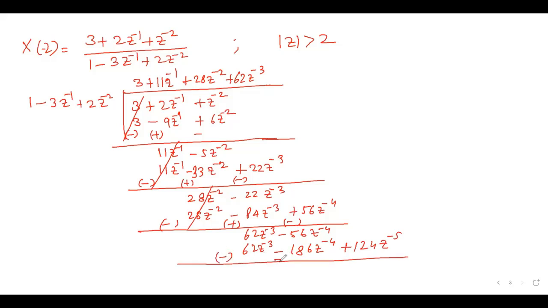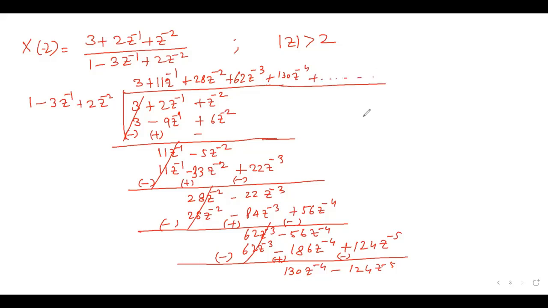Minus plus minus okay, কত হচ্ছে? 186 minus 56, 130 z to the power minus 4 minus 124 z to the power minus 5. So that means next term will be 130 z to the power minus 4. Okay, so calculate up to 4 terms.